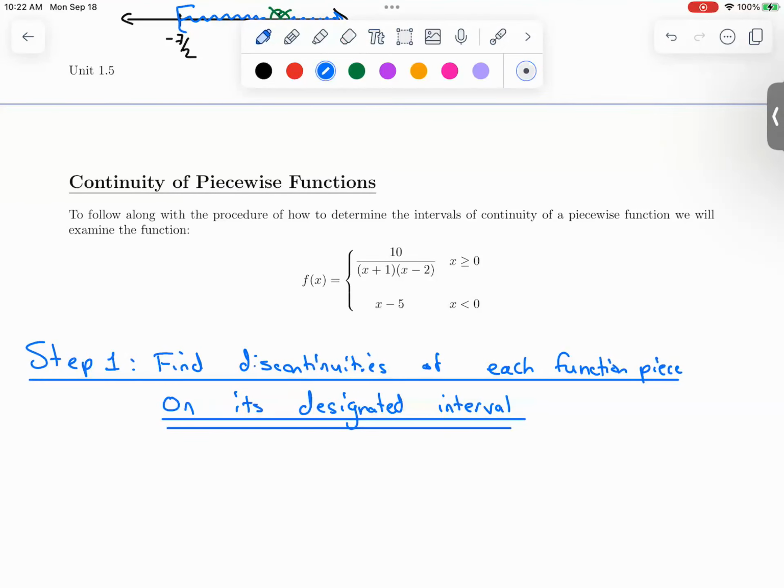So what we're going to do is start off by finding each piece's discontinuities.